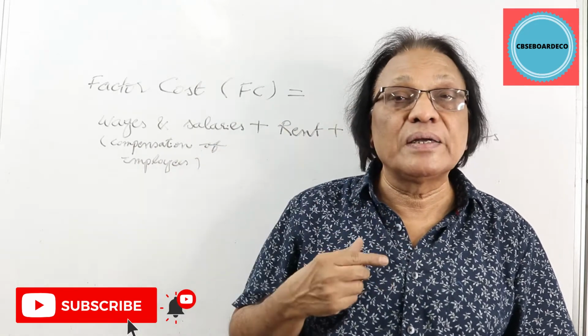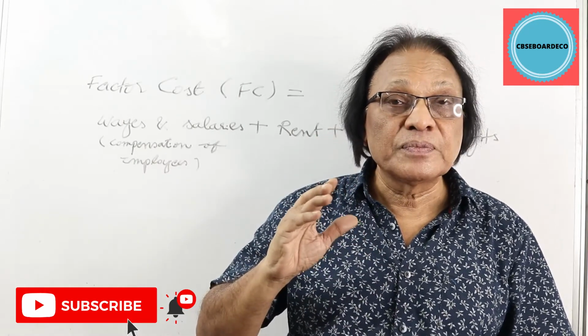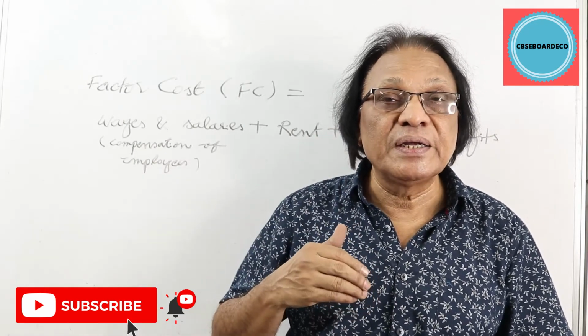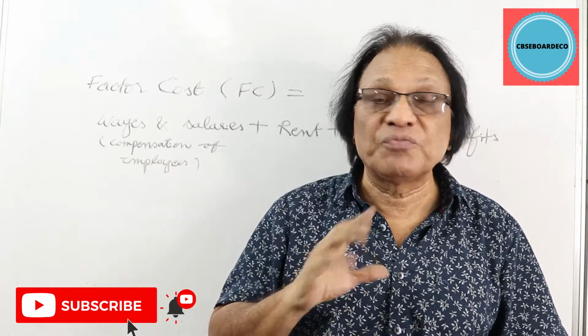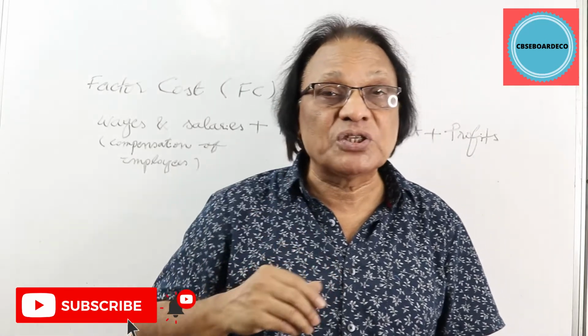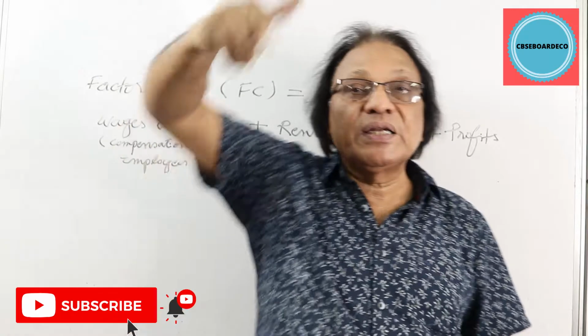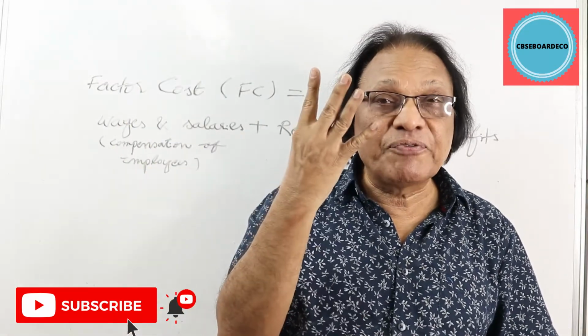Today we'll discuss this. We know that to produce a commodity, the firm needs 4 factors of production. Without these, you just can't think of manufacturing anything. To run a firm, to run a factory, you need 4 factors of production.